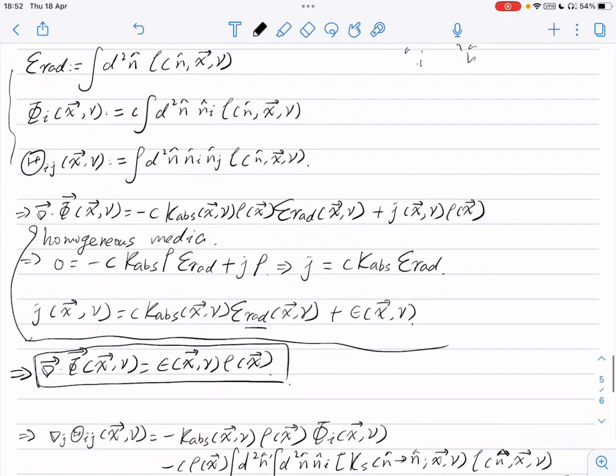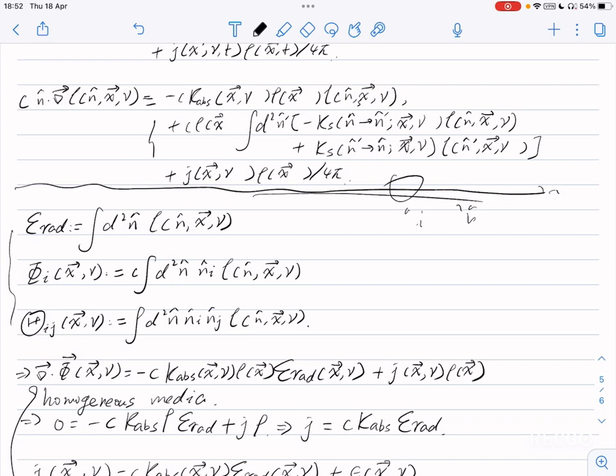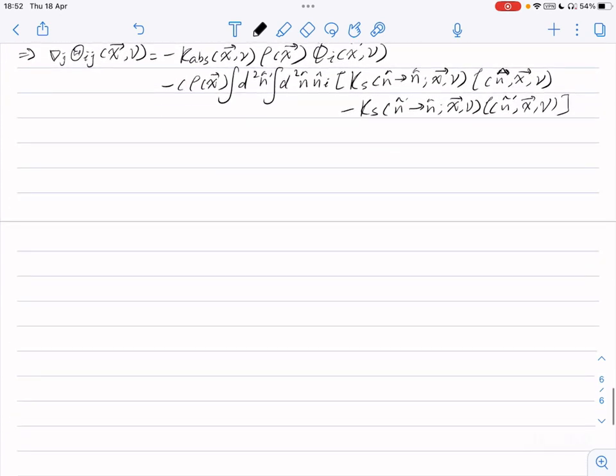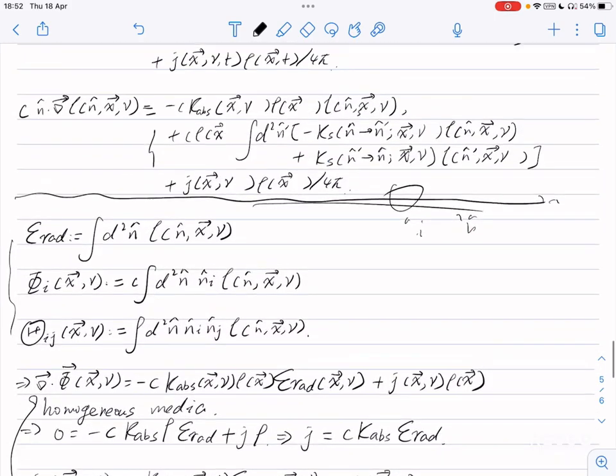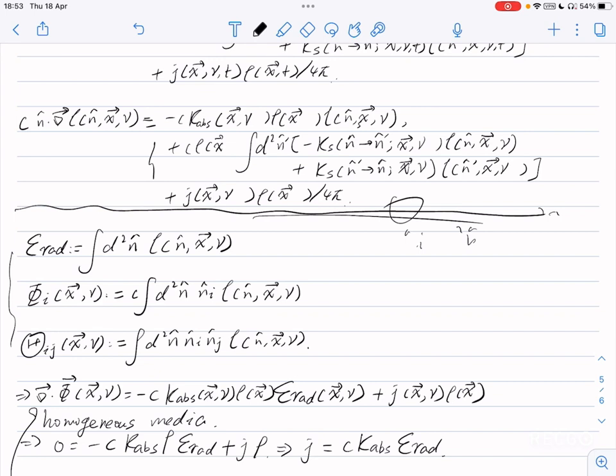And notice here that this time the emission term will vanish because of a mathematical trick. The emission term is independent of the direction n.